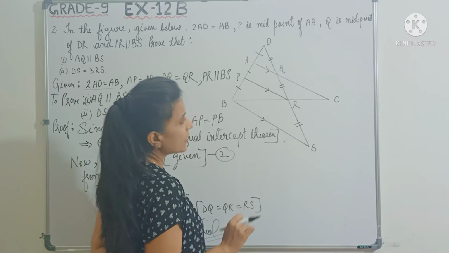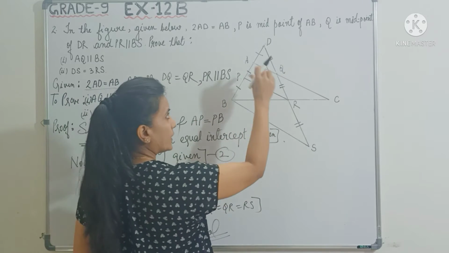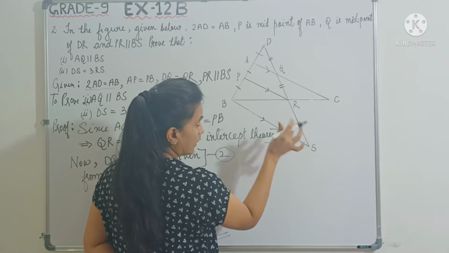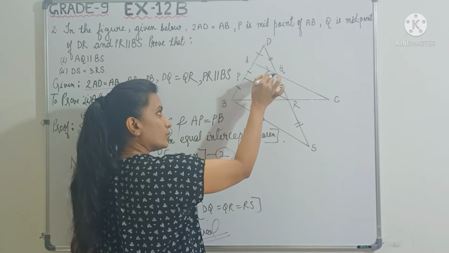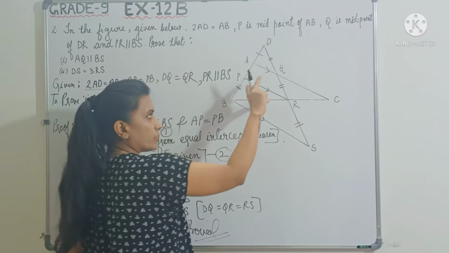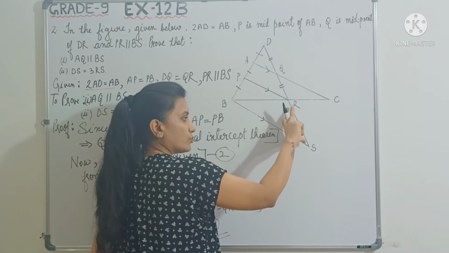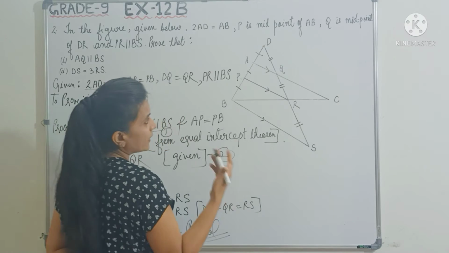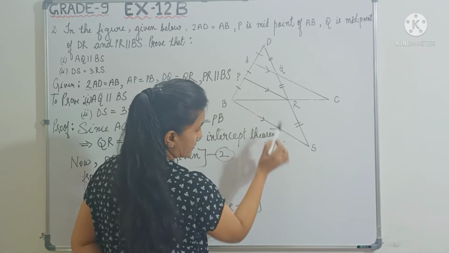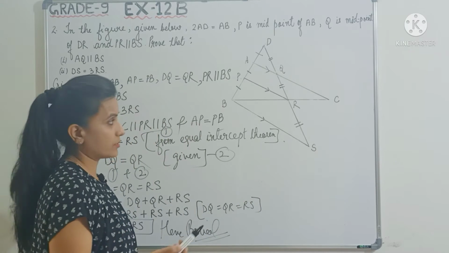So for this, what did we do? We have to show that DQ is equal to QR is equal to RS. Now here already DQ is equal to QR, right? So we showed that QR is also equal to RS. How did we show that? Here AC, PR and BS are three parallel lines, right?